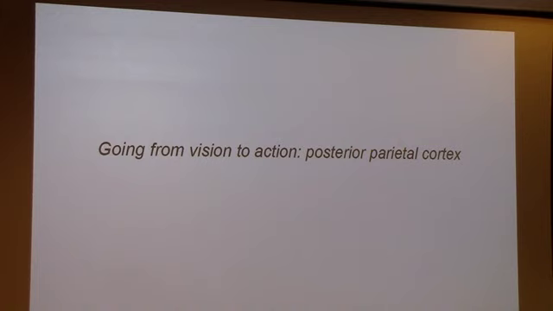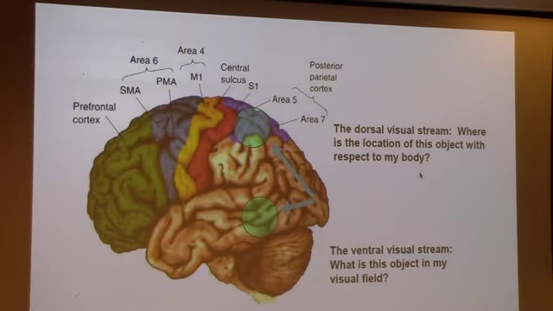And the final one will be the cooperation between the visual system and the motor system. When you see a target, how do you move your hand to the target? The main thing about this part is the posterior parietal cortex neurons. Here are two different kinds of visual streams, the dorsal one and the ventral one. The ventral one is the more conventional one, which just lets you know what this object is and where it is in the visual field.